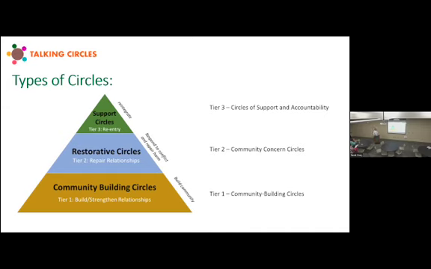Obviously, there's building community, but there's also what happens when there's conflict or harm. And so that's that example of how are we doing a community concern circle. So, something happens, and the students or the person who may have either purposely or accidentally caused harm.